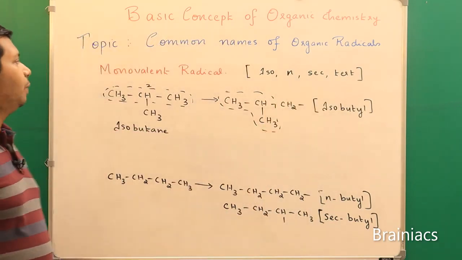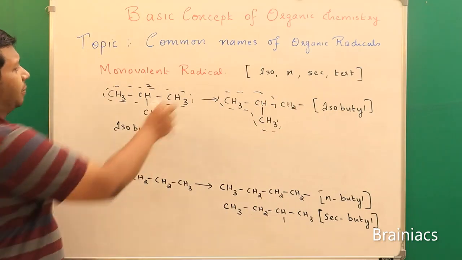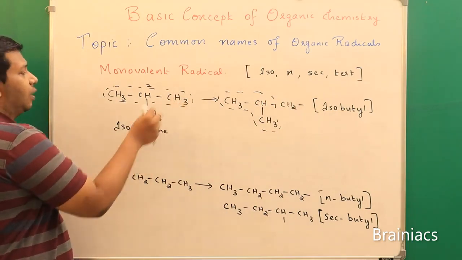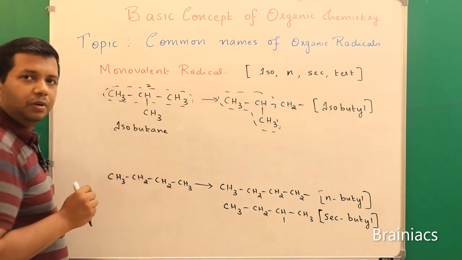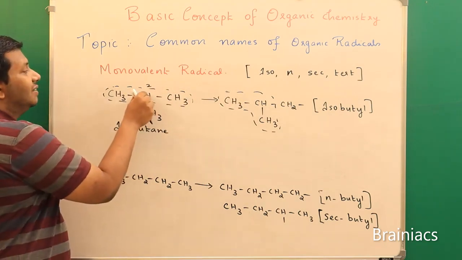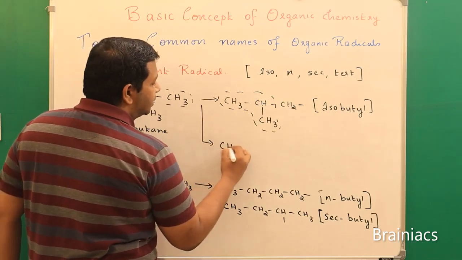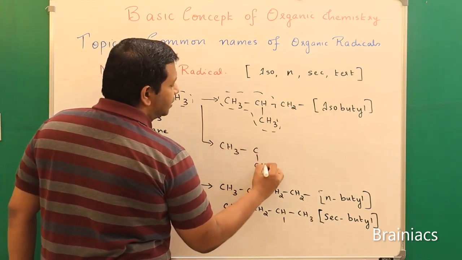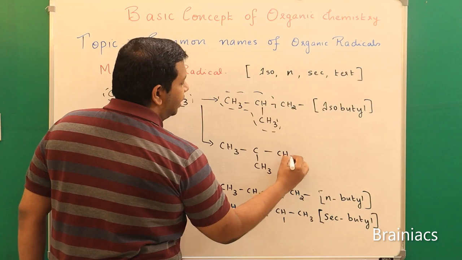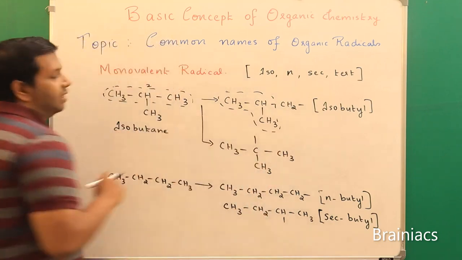And what is the other possibility? If I remove from here or here or here, you will get this species only. Or you can remove from this central carbon atom also, right? So what is that? I can say CH3, C, CH3 and CH3. What is the name of this?